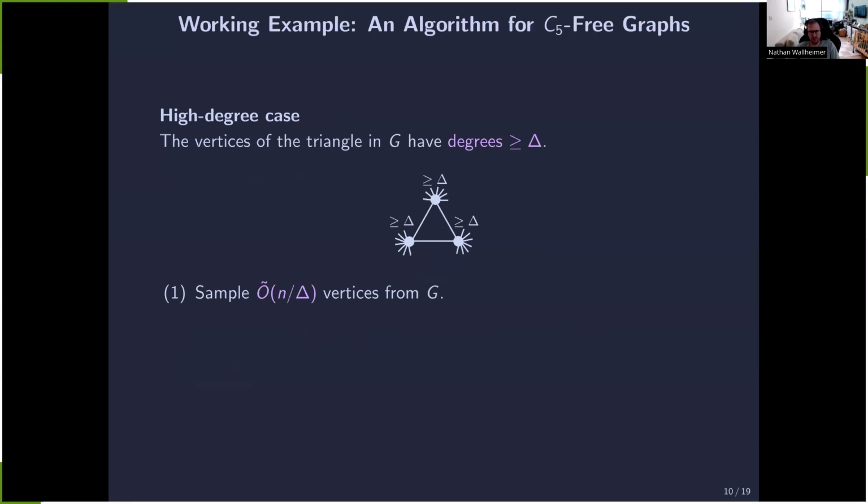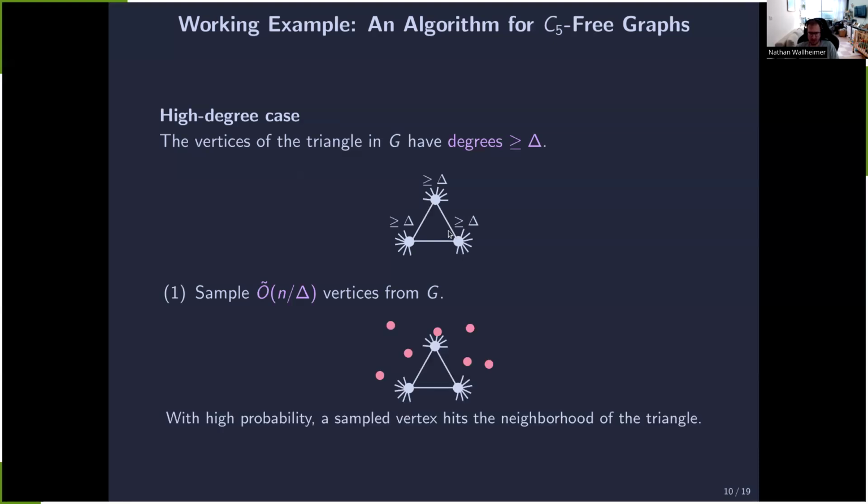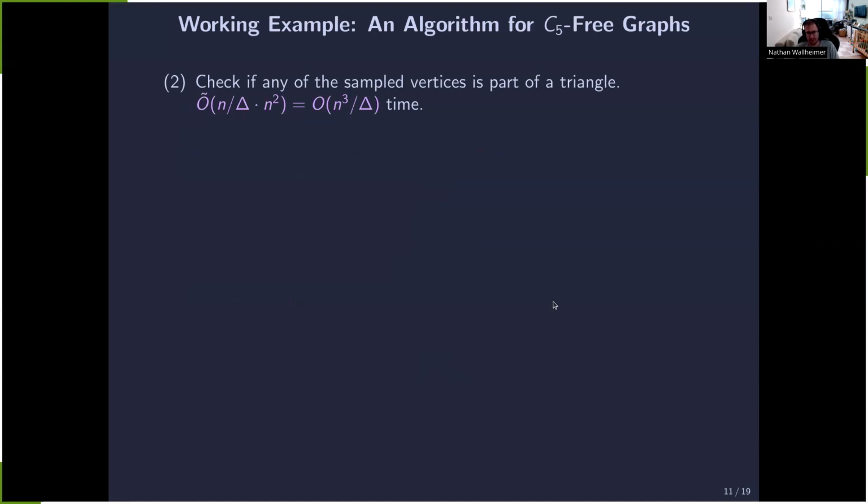Then what we do is we sample a small number, n over delta, of vertices from G. Because of the high degree promise, with high probability, one of them will hit a neighborhood of the triangle. So because it's only a small number of vertices, we can check for each one if it participates in a triangle.